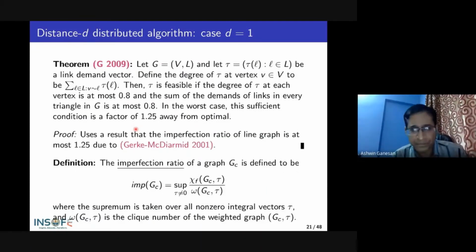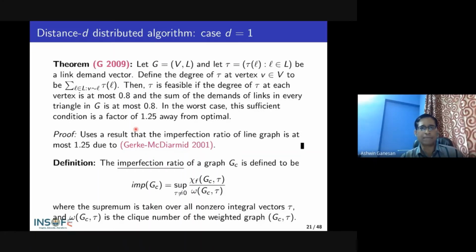Now, another sort of distributed algorithm to look at is the following. I'll soon get to my results from 2020, I'll come up to that in a couple of minutes, but this was an earlier result from 2009.